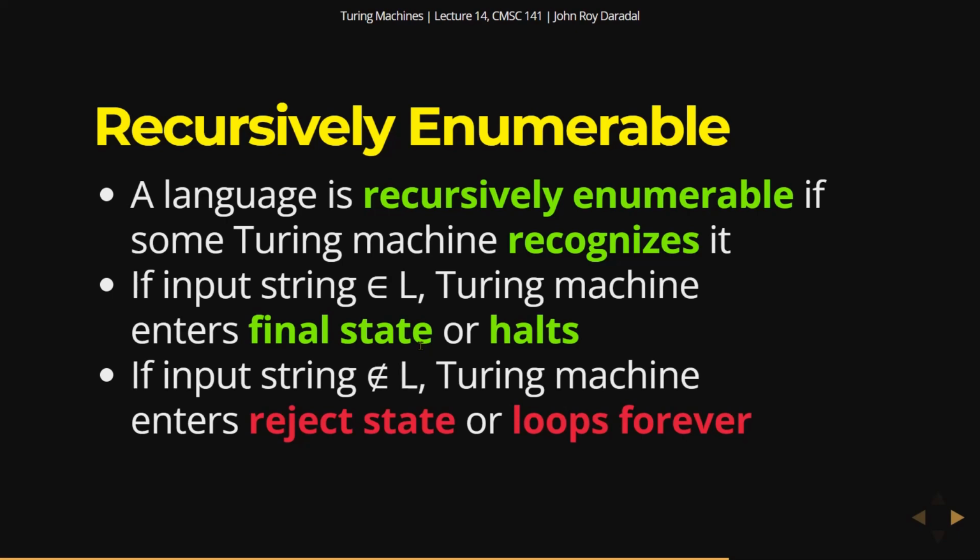In the case that it's taking a long time, it might not be clear whether the Turing machine is taking a long time because it's still doing its computation and it might eventually lead to a final state later on if you just waited a few more minutes, or is it because it's really stuck on a loop, and even if you wait how many years, it will not stop because it's not part of the language, right?